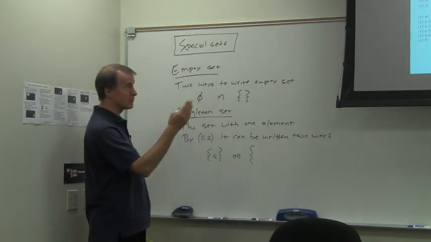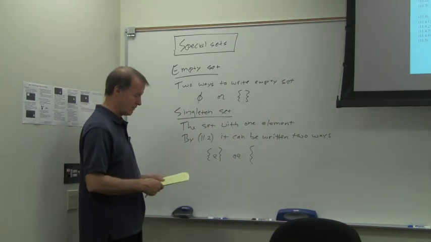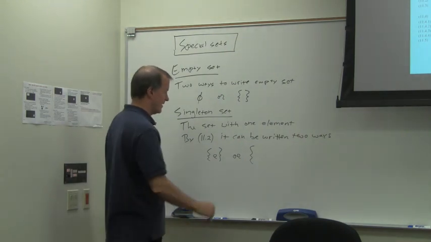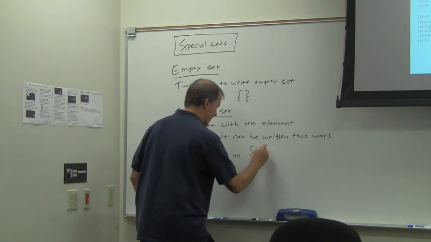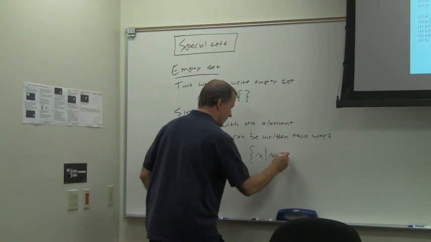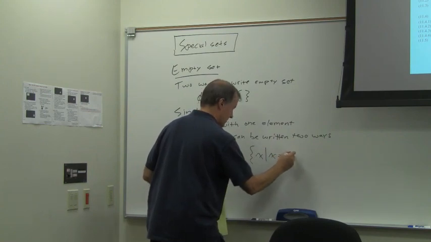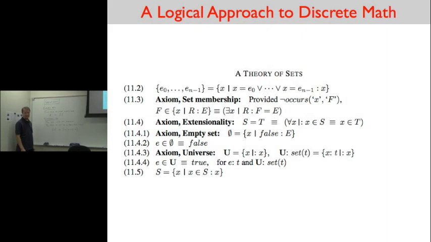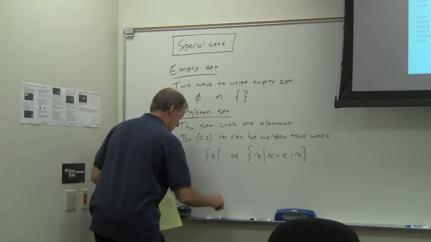Using 11.2, it'd be the set over X, range X equals E, body X. Is everybody clear on how we get this from 11.2? 11.2 has an arbitrary number of elements, but if there's just one of them, then, okay.